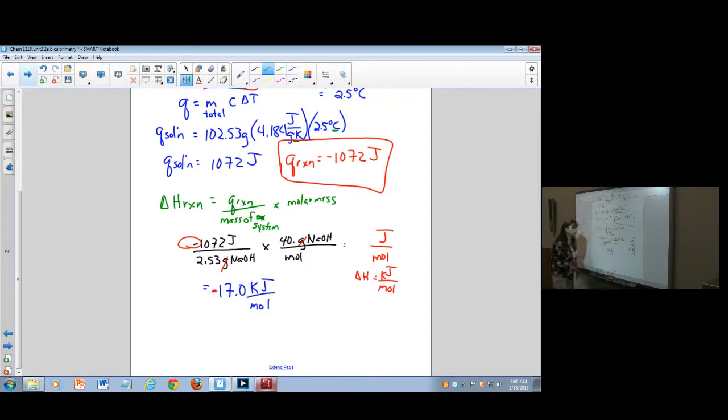I have to have that. So for the heat of this reaction, or the enthalpy of this reaction, I'm going to lose 17 kilojoules per mole, or release that much heat every time I do that reaction, which is an exothermic reaction, right? All right, I'm going to pick this up a little bit more with the physical changes that we're going to be measuring in the next lesson.